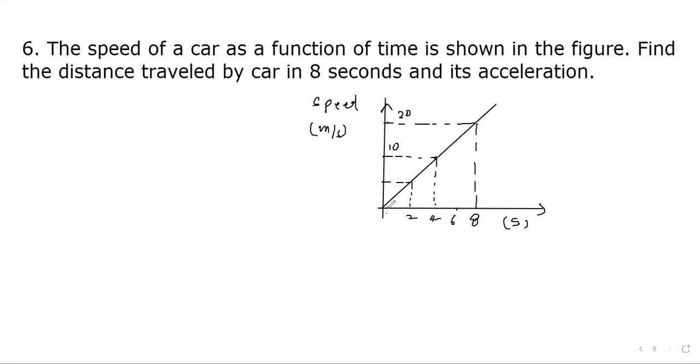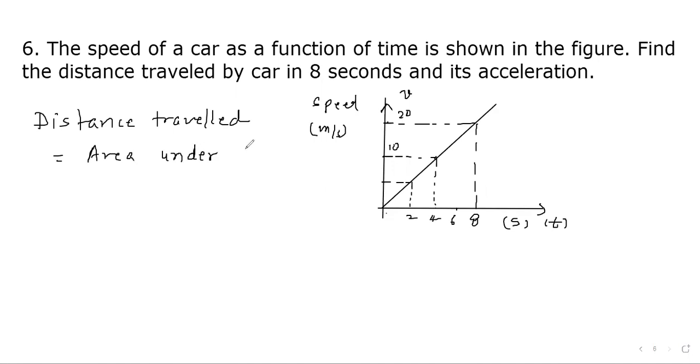Now the distance traveled by the car will be equal to the area under the VT graph. This is velocity, this is time. So distance traveled equals area under the VT graph.